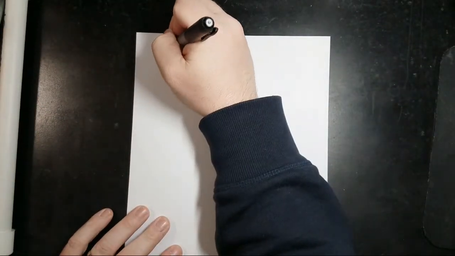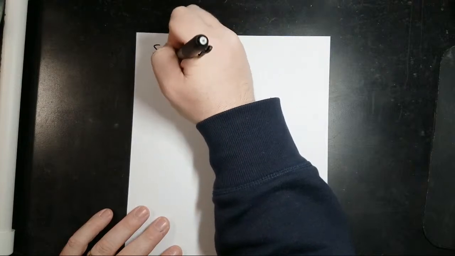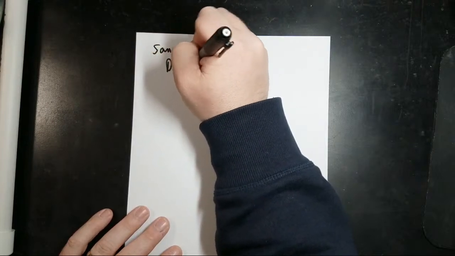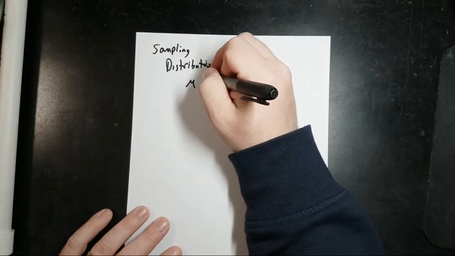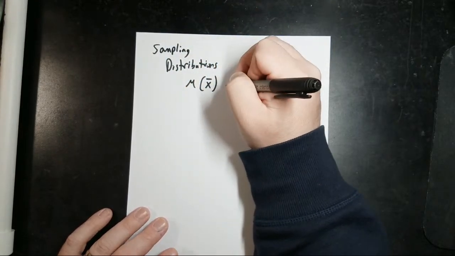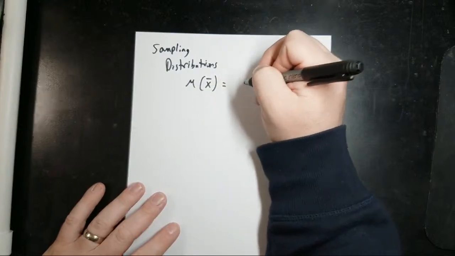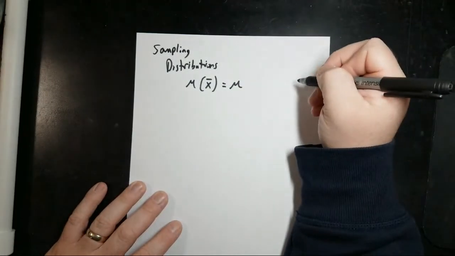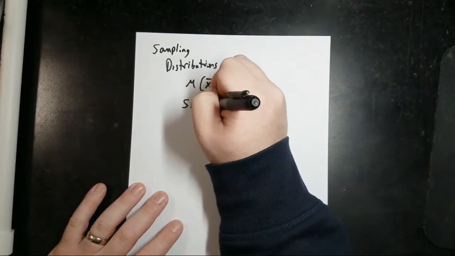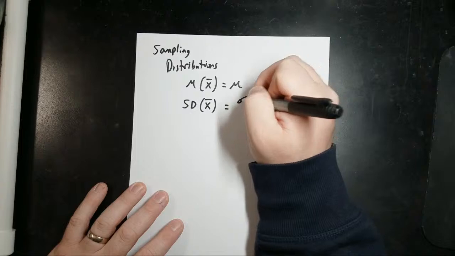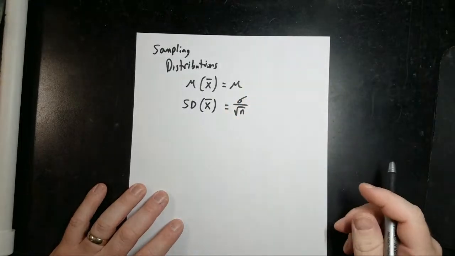If you are talking sampling distributions, the mu of your sample would still be the population mu, but the standard deviation of the sample would be sigma over the square root of n.